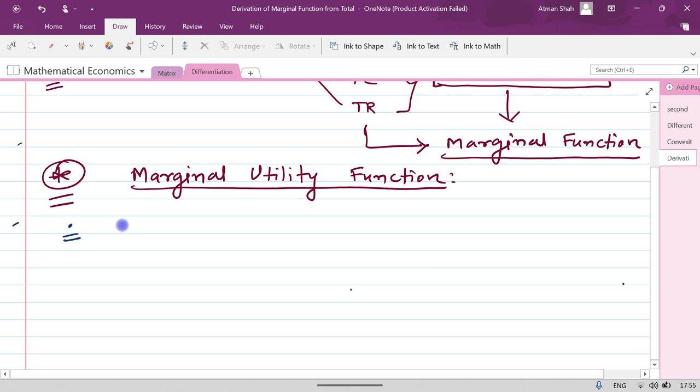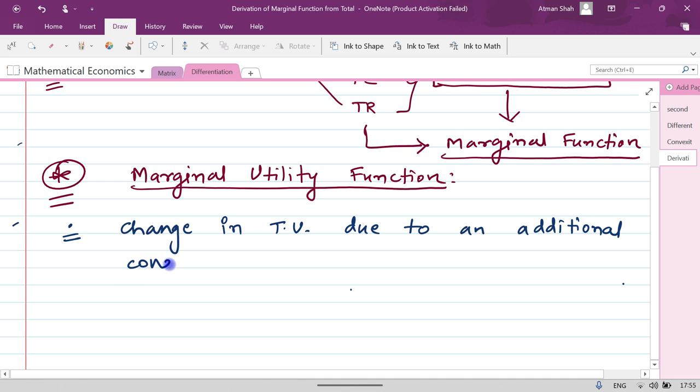The definition is change in total utility due to an additional consumption of 1 unit.